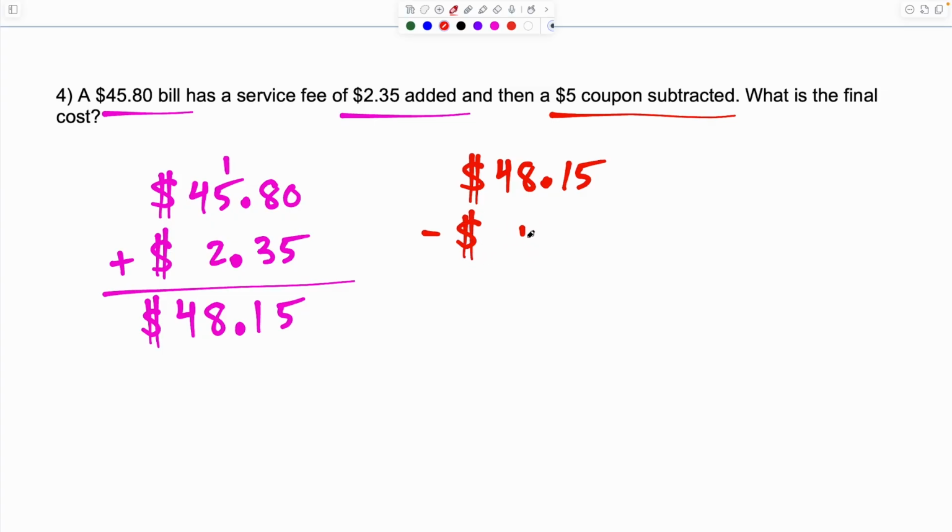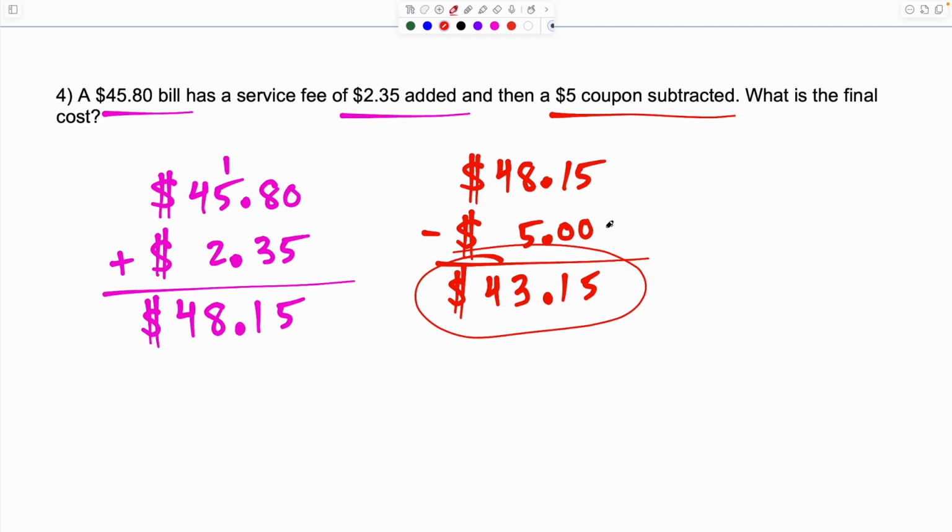We're going to have a 5 here in the ones place, and then 0, 0 in the tenths and the hundredths. So now we do 5 minus 0 is 5. 1 minus 0 is 1. Bring down the decimal. And now we're doing 8 minus 5 is 3. And the 4 just carries down. So we have $43.15. That is the final cost.